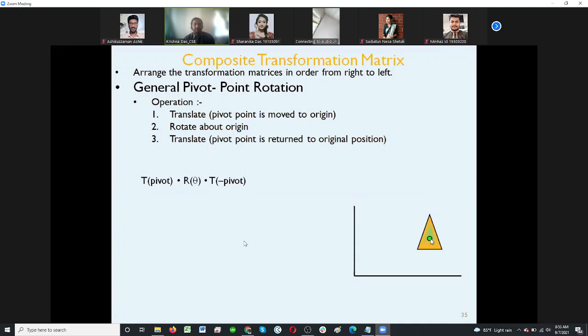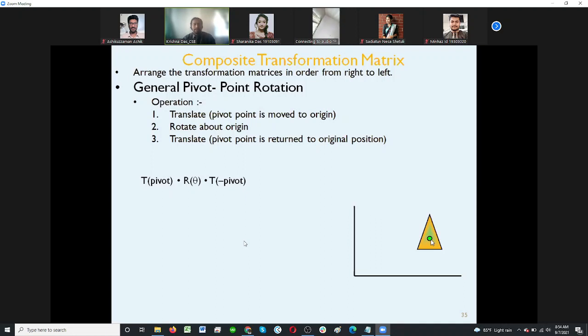You can see the green color point is on that point. This is a random point. This object is supposed to rotate on the basis of that point. Now, every rotation or even scaling happens on the origin, but you are saying rotate on that point.